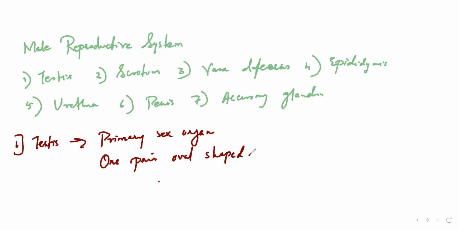This part is present inside a pouch called the scrotum. What is the function of this pouch? It plays a very important role in the male reproductive part. The basic function of the scrotum is thermoregulation.